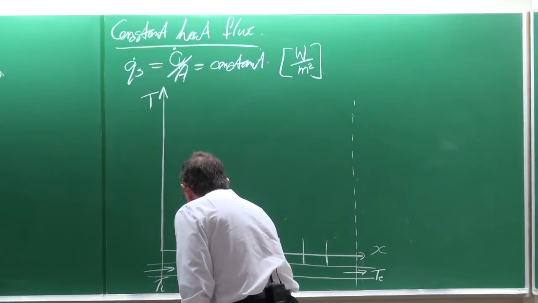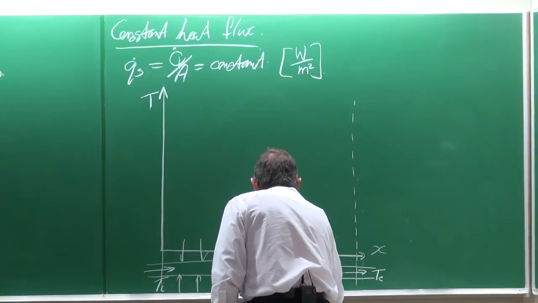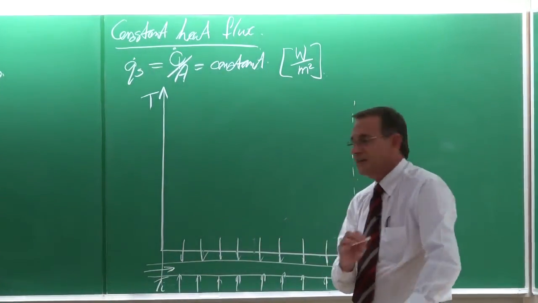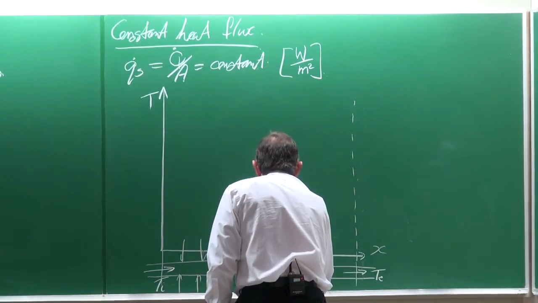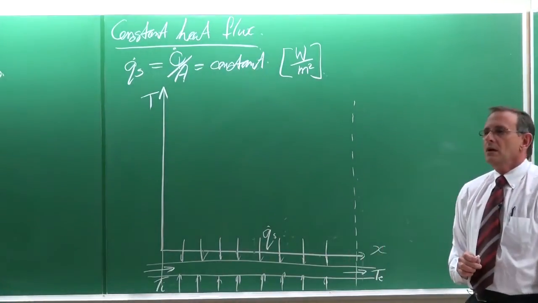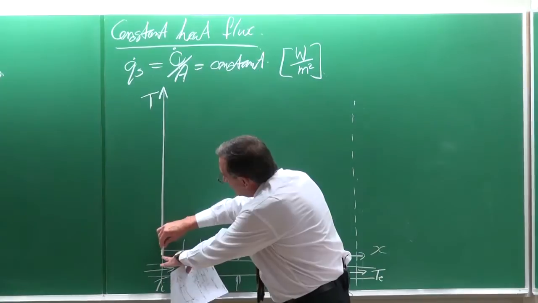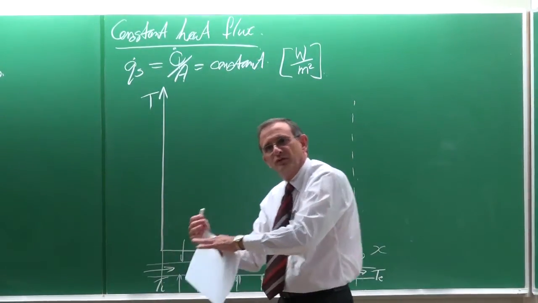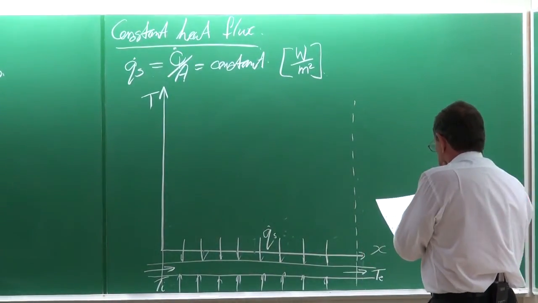Schematically, we can show it like that with all these arrows showing the heat going in, and at every arrow, the same amount of heat going in. So this is Qs. So how can you consider it? You can look at it as with every square millimeter, you put in the same amount of heat. Okay, so that's a constant heat flux application.